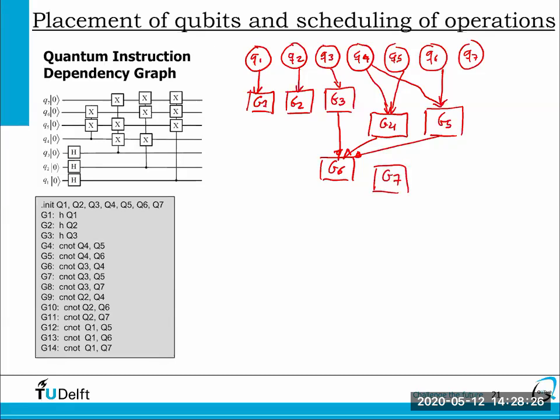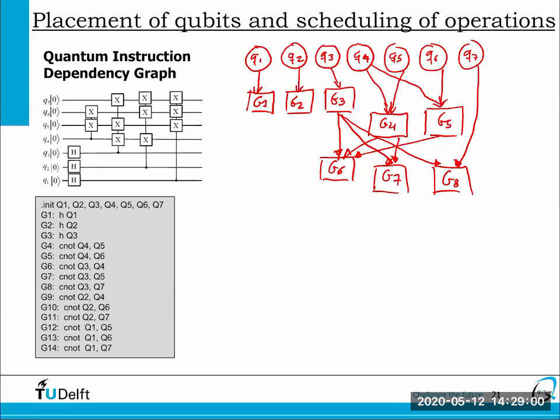And G7 is a C node between Q3, so it depends on this one, and Q5. Q5 has been used in G4, so I put another dependency there. Then I go to G8, and G8 is a C node between Q3 and Q7. Q7 has not been used before, so that goes directly from there.